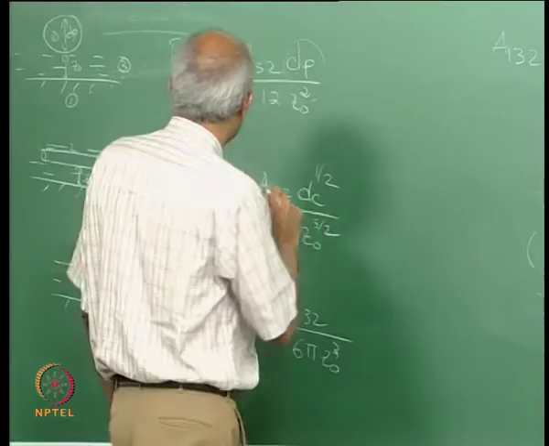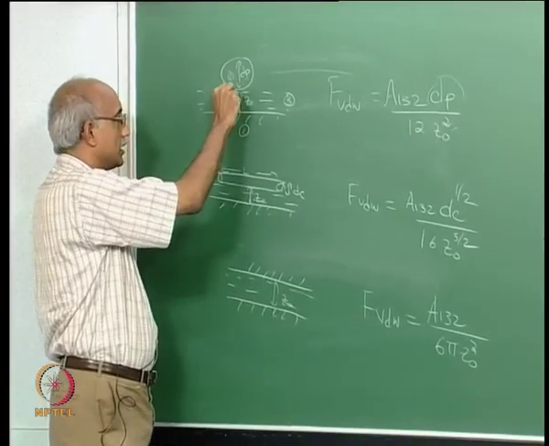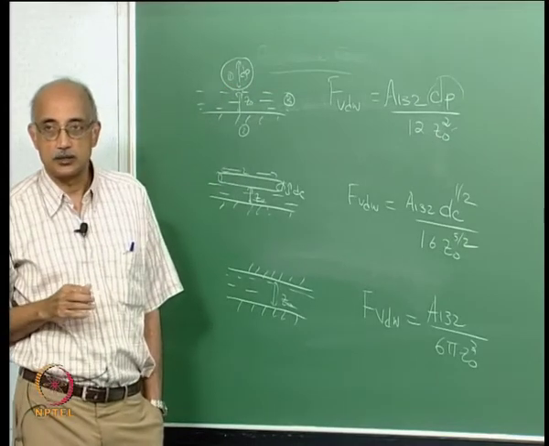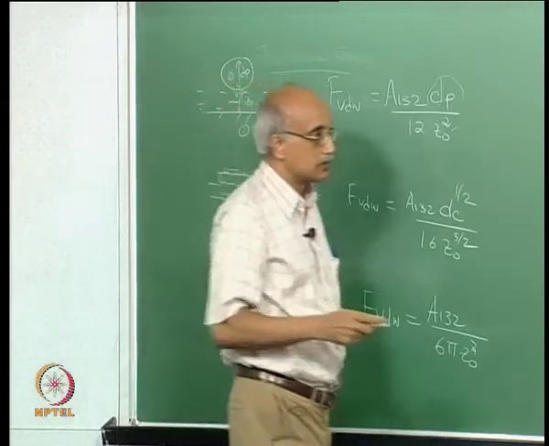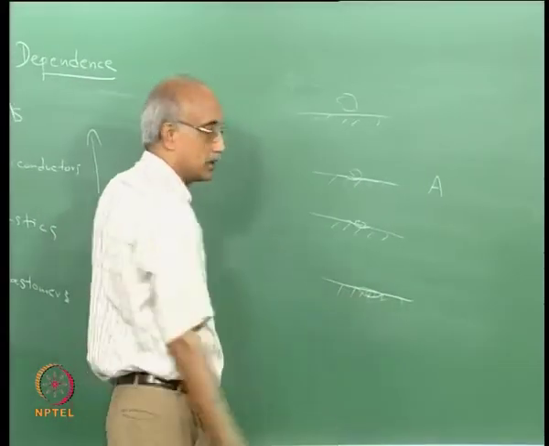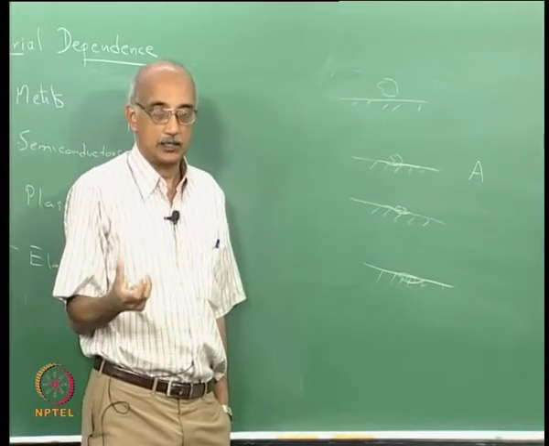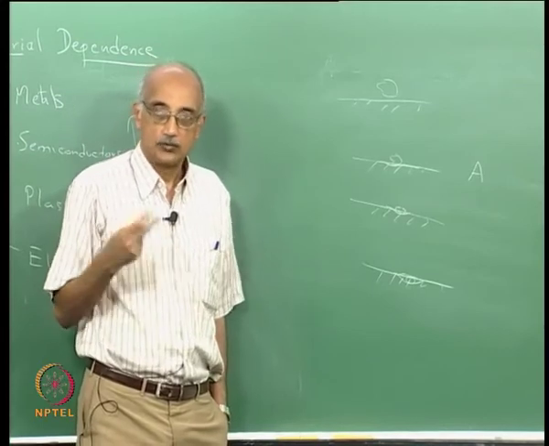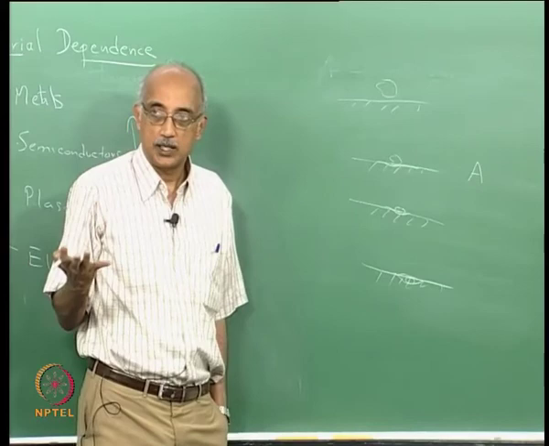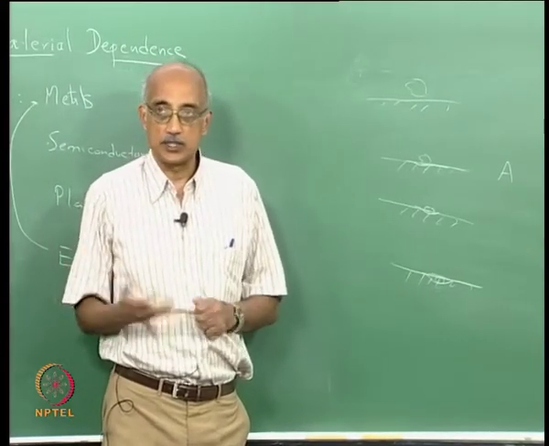In the case of a hard particle approaching a hard surface, the contact area is going to be limited to a very small sector of the particle, whereas as we showed in this illustration, as the particle and or the surface becomes more and more deformable, the effective area of contact increases with time, and force is obviously pressure times area, and therefore as area increases the adhesion force increases as well.